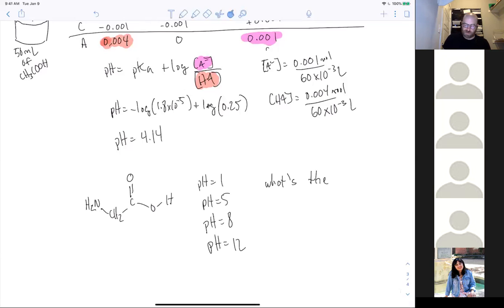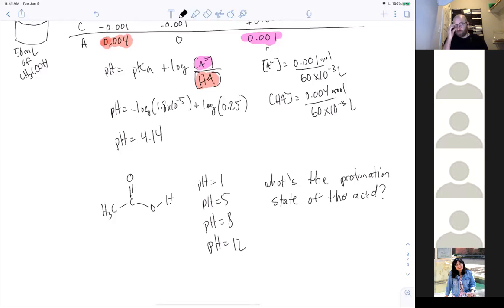So you can figure out what the protonation state is by doing a titration of a polymer.